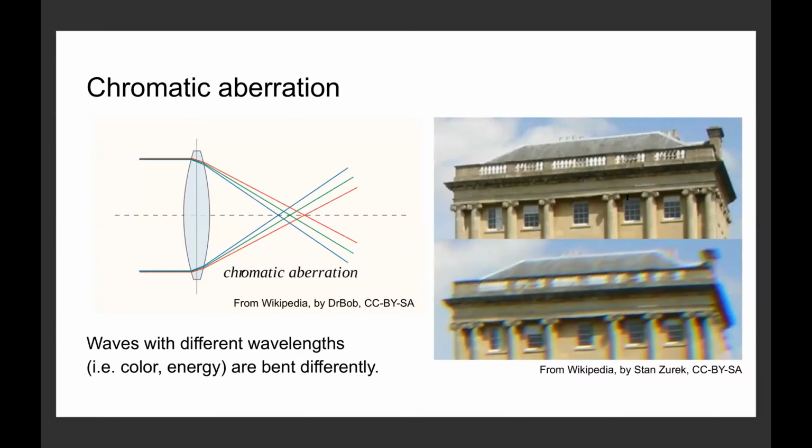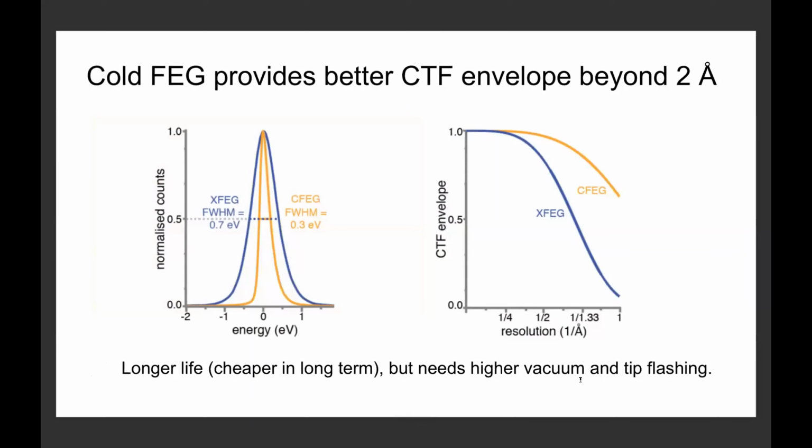So this leads to blurring of the image. This example was taken from Wikipedia. The same thing happens for electrons. Although we often say electrons at 300 kV or 200 kV, not all electrons have exactly the same energy. So always some electrons have slightly higher energy or lower energy.